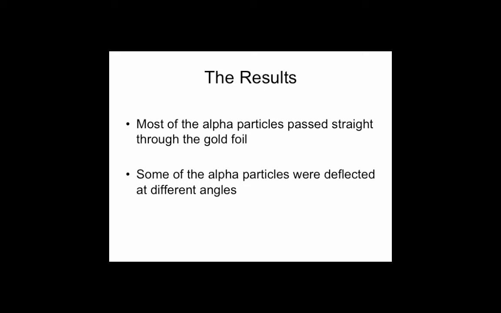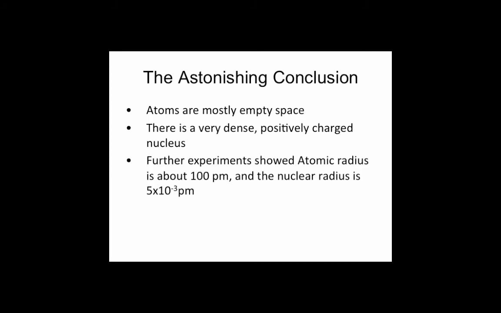So the conclusion that we have to make here is that atoms are mostly empty space, since most of these big particles went through there, and there's a very dense positively charged nucleus, because if most of the alpha particles went through, but some were deflected at a large angle, it must mean that the positive alpha particles are getting repelled from the really dense positive nucleus.